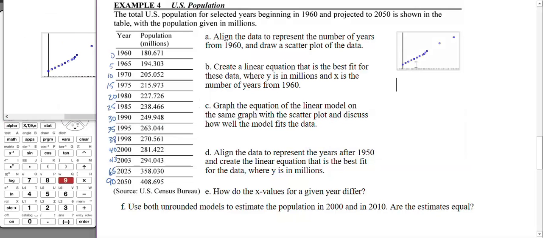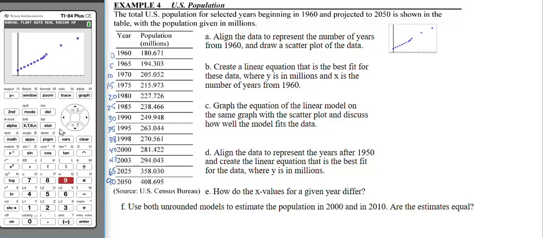Okay. And now we want to create a linear equation that's the best fit for the data, where y is in millions and x is the number of years from 1960. We can do that on the calculator here. We'll go into the stat menu and calculate a linear regression.